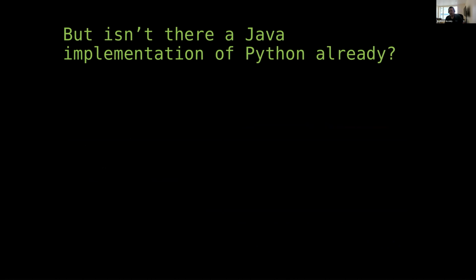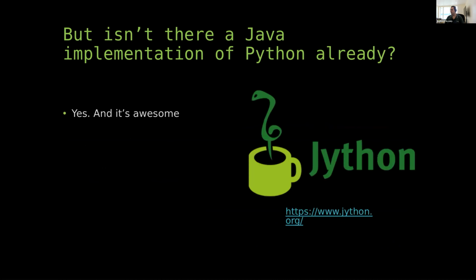I'll be talking about how to use Python with Java, but the first question that everyone asks me when I speak about this project is, don't we have Python running in Java already? And yes, we do. It's called Jython. It's awesome.